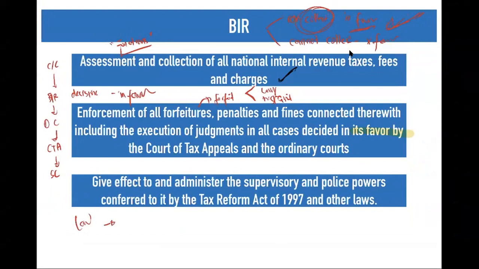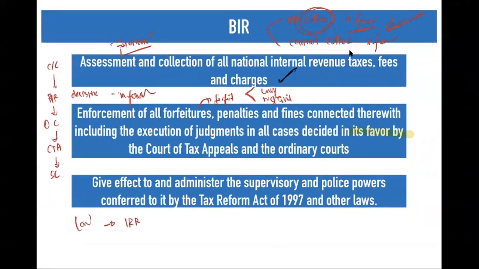And how is the law given effect? Normally, you will hear this term: implementing rules and regulations. So that's how the law is given effect.